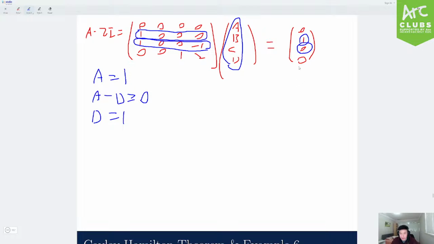And we do the same thing for the last row. We multiply the last row of the matrix by the vector a, b, c, d, so 0 times a plus 0 times b plus 1 times c plus 2 times d is equal to 0. So c plus 2d is equal to 0, and since d is 1, c is minus 2.